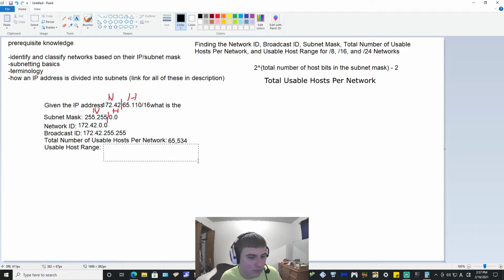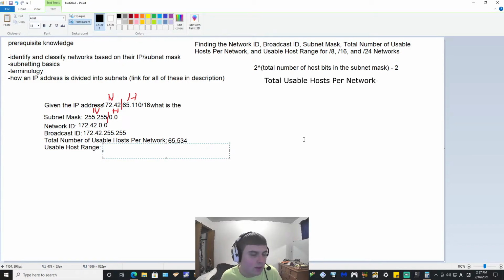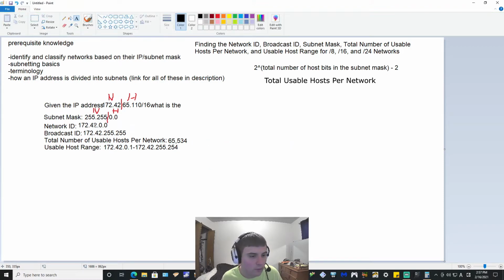So I'm going to type out 172.42.0.1, because we added 1 in the fourth octet. And similarly with the next one, we're going to subtract 1 in the fourth octet, so we have 172.42.255.254. So that's the range of our usable hosts for this /16 network.